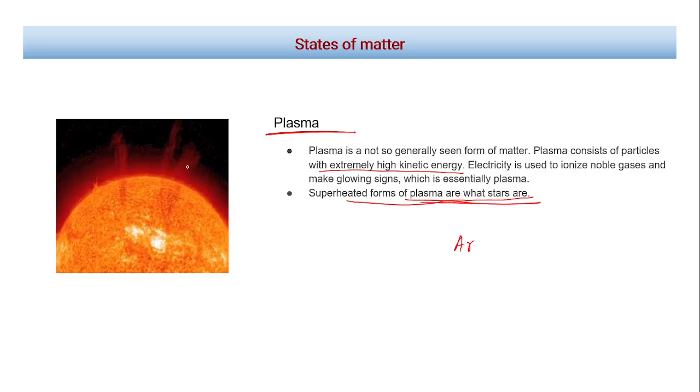After the reactions happen, the particles, which have super high kinetic energy, are around it, and those superheated forms of plasma are what we see around stars. So this is one place where we can see it in nature, but again, not common, because the conditions required to get the plasma state of matter are very extreme. That's why it's hard to see around us. But still, this is one of the states of matter apart from solid, liquid, gas.